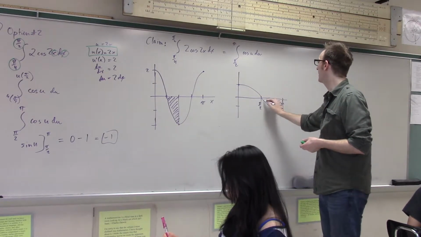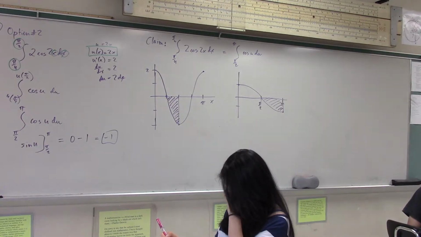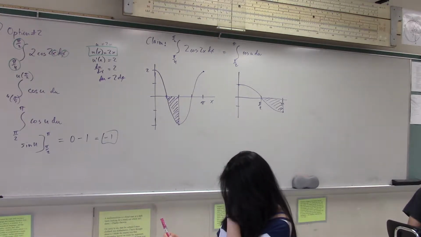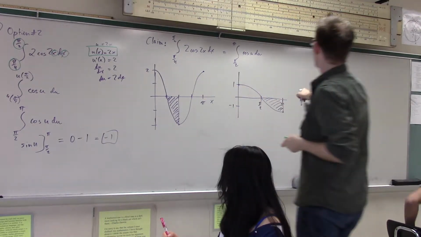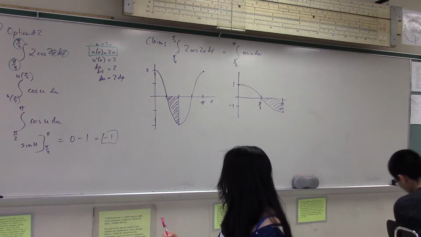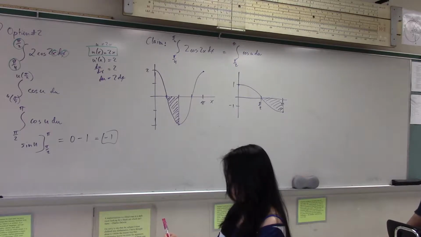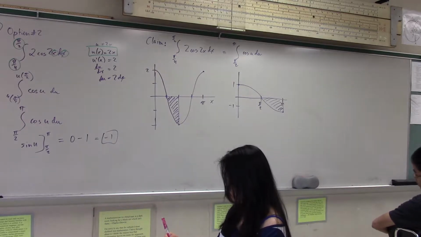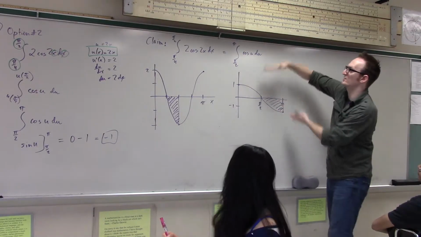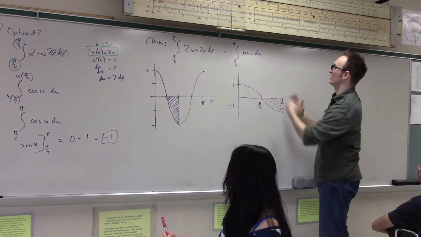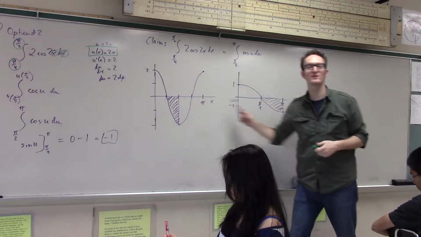And thus, that integral on the right is like that area, which I can also convince myself must be negative 1, because again, it's just half of a hump of a normal cosine curve. What's missing here is like the 2, right? Because it hasn't been stretched this way or compressed this way. So do you guys see visually how these are the same?